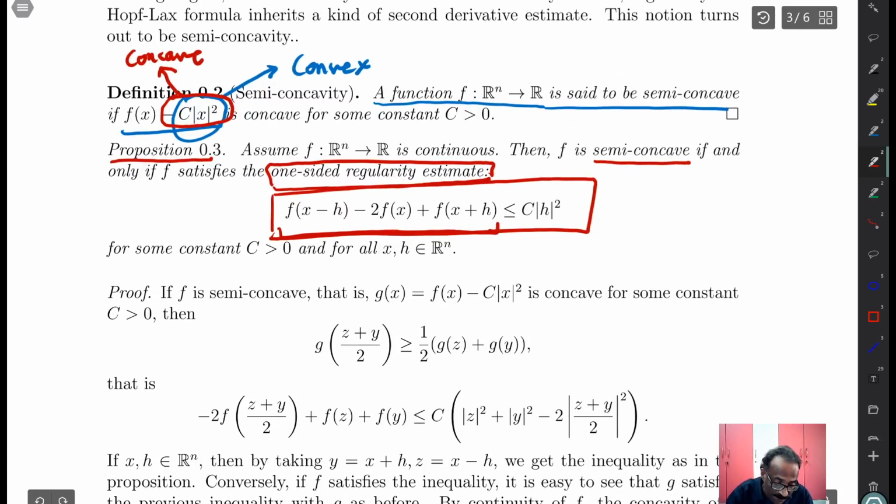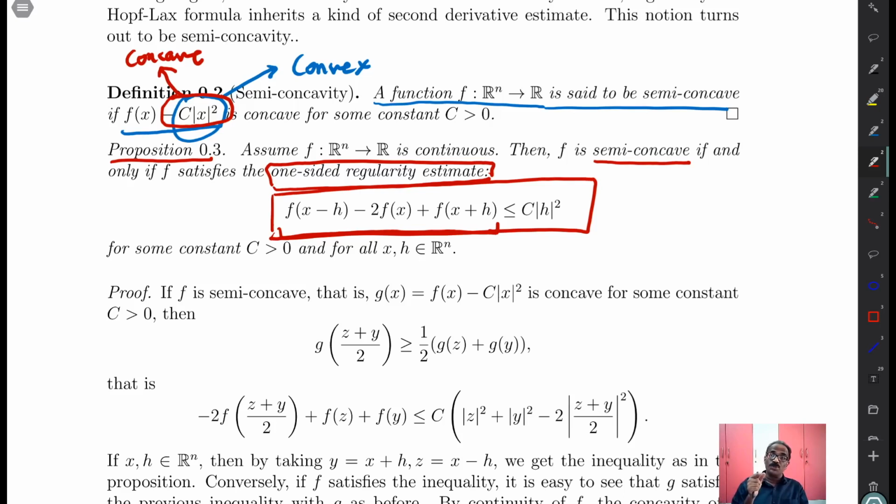Semiconcavity has a very nice definition: if f is semiconcave, f minus c mod x squared is concave. That means you are adding a large concave quadratic term, and you can construct many examples. I don't want to give a proof here, but semiconcavity is equivalent to this estimate.